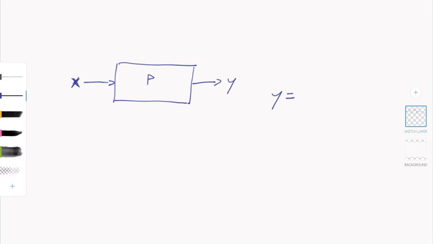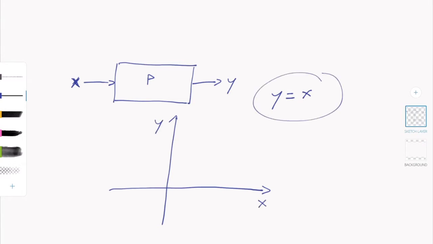Y equals x. We can draw the model. Here we have x, here we have y, and this simple model will look like this. This line is our model. This is y equal x. It is our mathematical model.